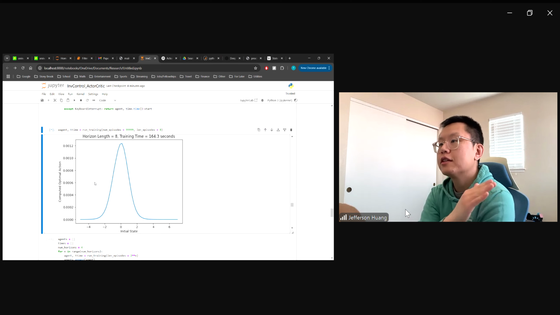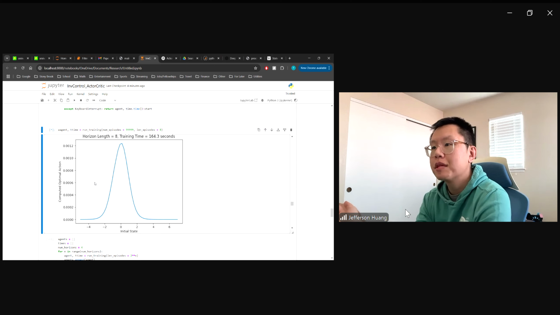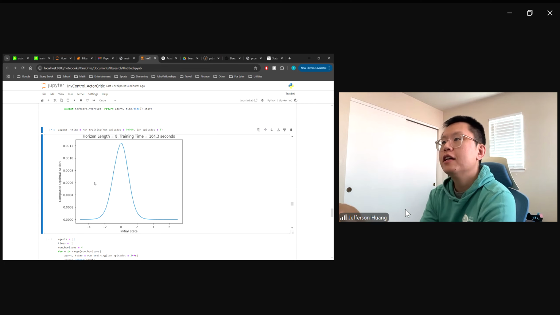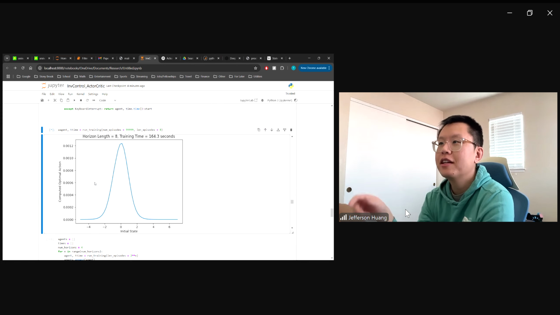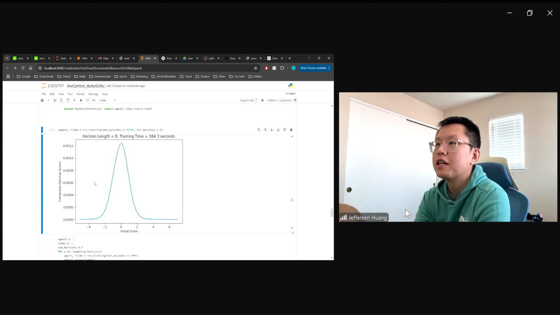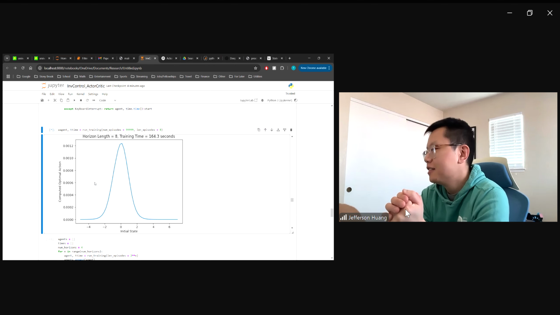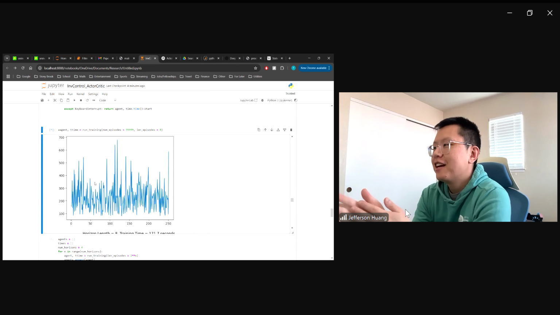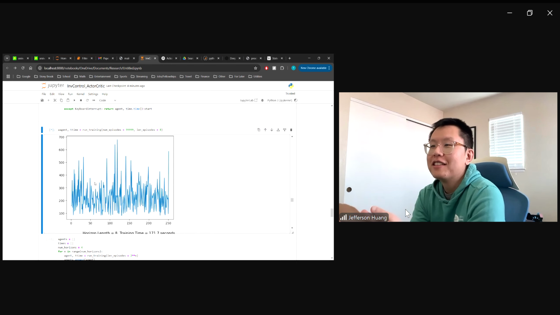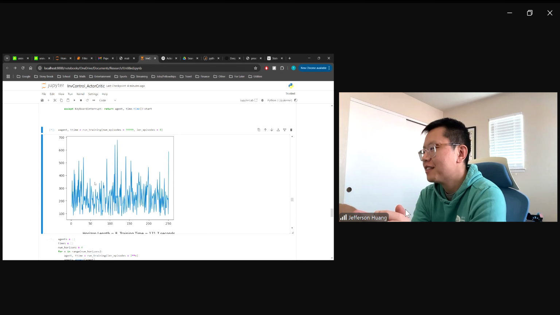So you train it for 1,000 time steps, and then you look at the final graph, and then you train it for another 1,000 and have maybe a different graph, and then see whether things are settling down. I don't think it would be that surprising if it doesn't.